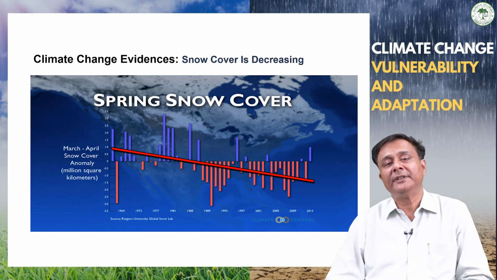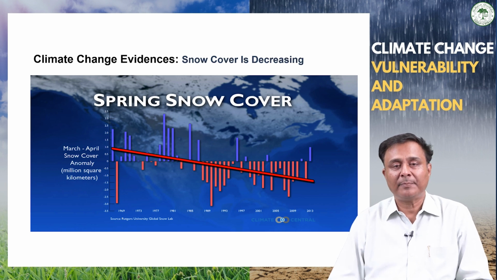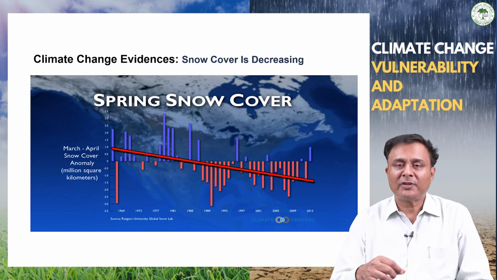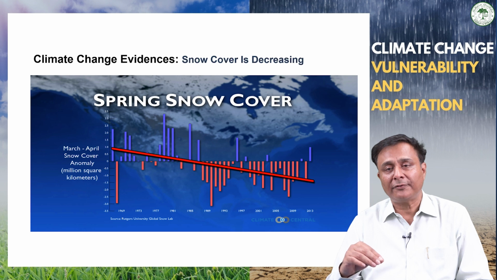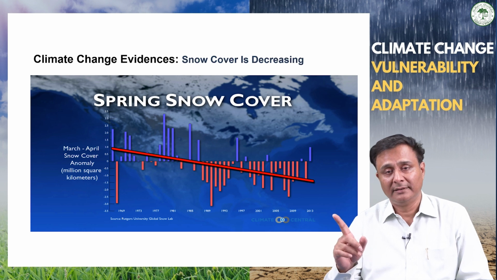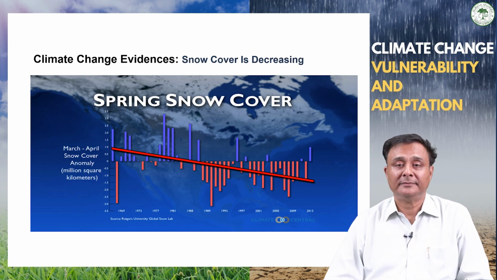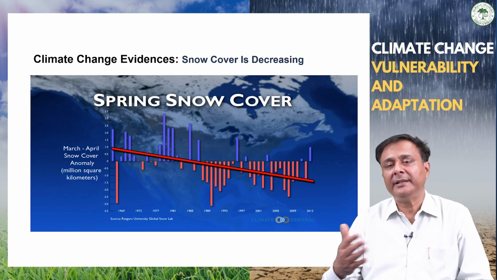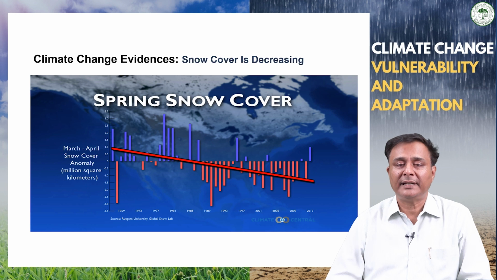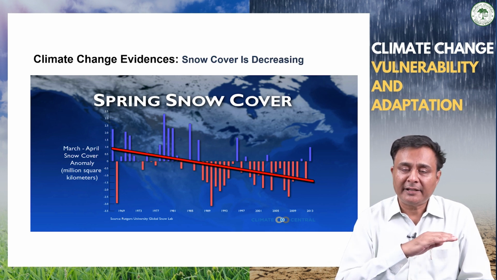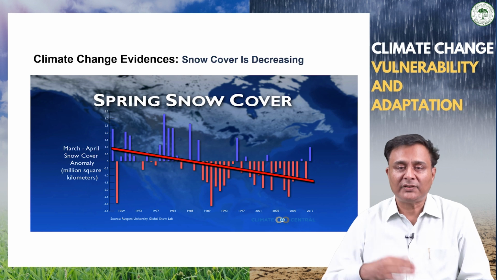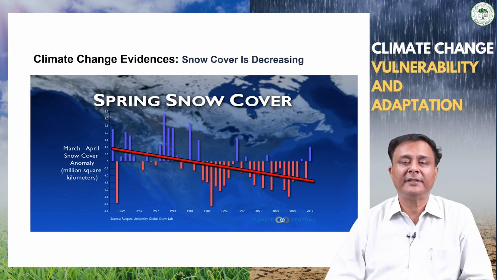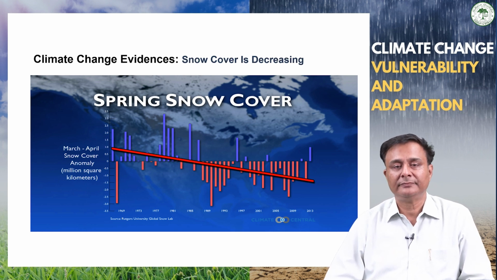If I can continue with this discussion with another example, the satellite observations reveal that the amount of spring snow cover in the northern hemisphere at higher latitude has also decreased very rapidly in the last 3-4 decades, in the last 30-40 years. The snow is melting at a very rapid rate. This is also an alarming evidence of climate change.